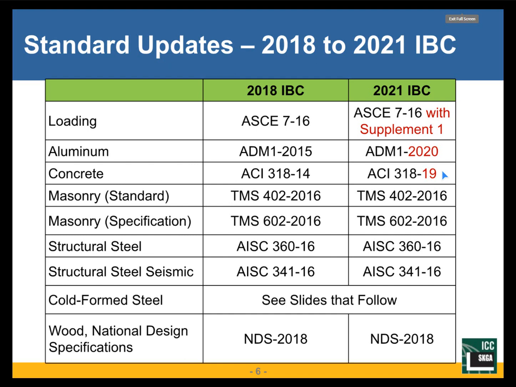There are very substantive changes between 318-14 and 318-19. We will talk about some of them, a very selected part of the changes, in part 2 tomorrow. If we want to go any further, obviously we cannot do that in the time that we have.